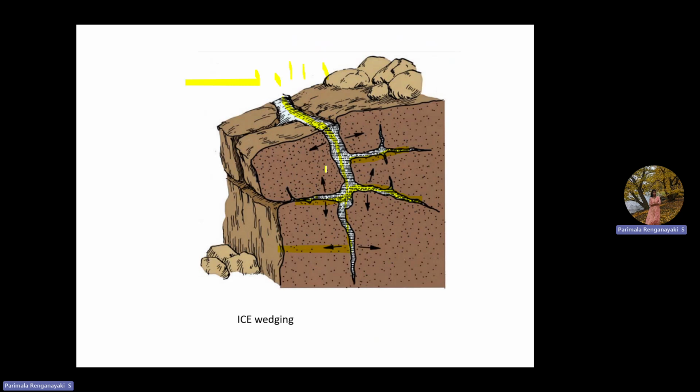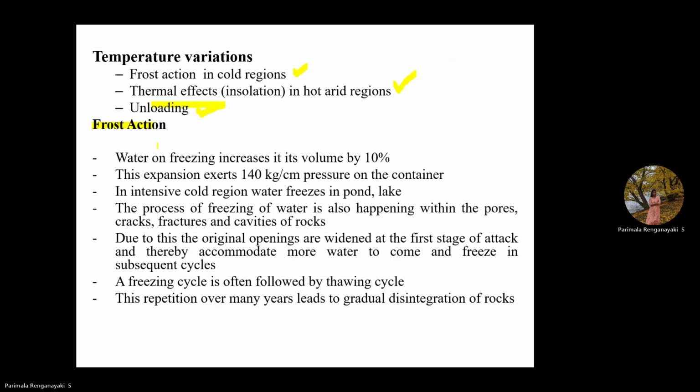Now, in a cold region, this water is becoming ice. Then this ice is getting frozen and it is exerting pressure, it may expand. Now we will see that in detail. Water on freezing increases its volume by 10%.